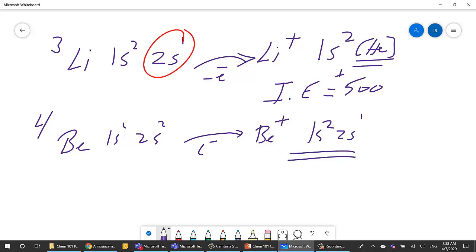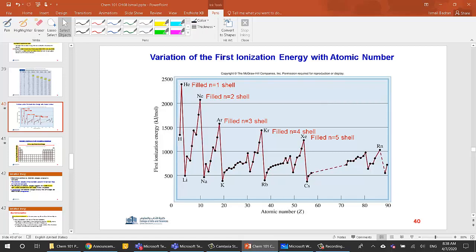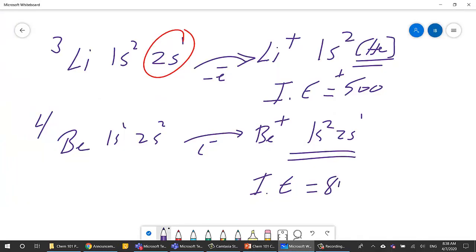That's a very unhappy situation here, because beryllium had a filled 2s2 shell, and you are bringing it to 2s1. The ionization energy here is higher than lithium, which makes sense. Now you are sitting at around 800 for beryllium.